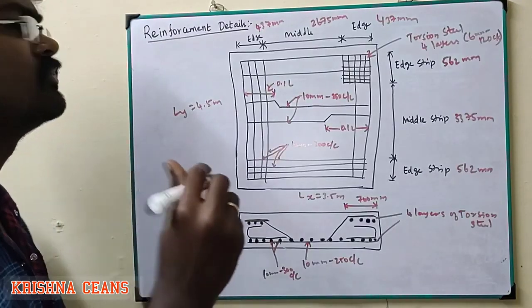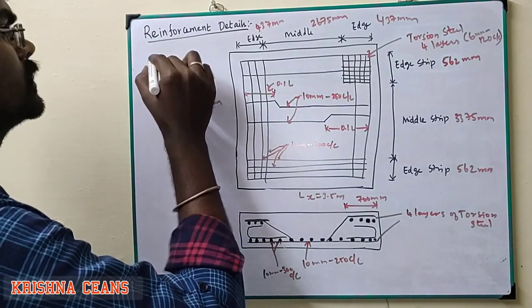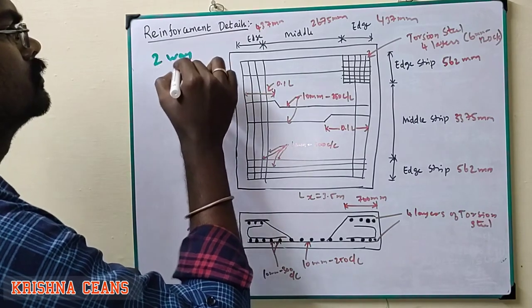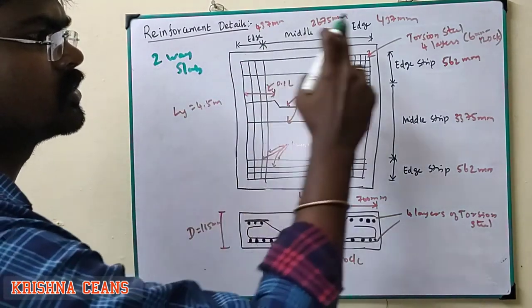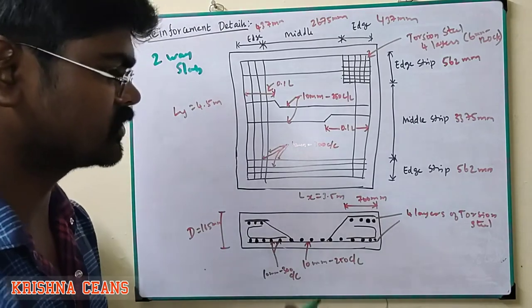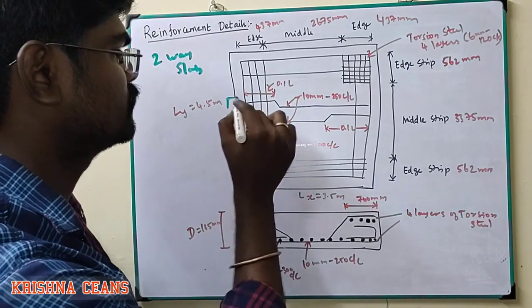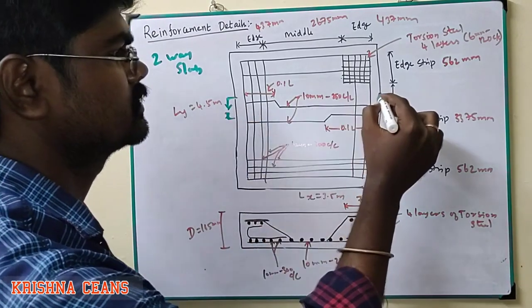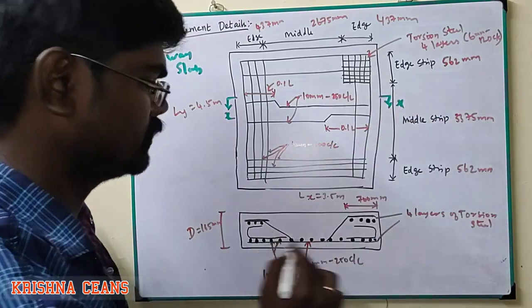So these are the reinforcement details of the two-way slab. This is the two-way slab reinforcement diagram, and this is the cross section. If you cut X here, it will look like that.